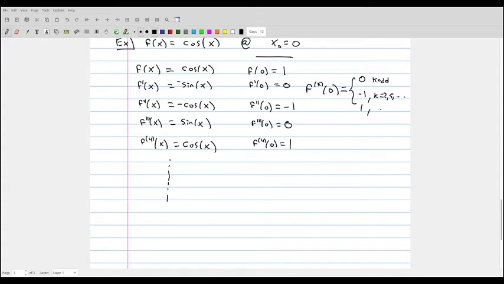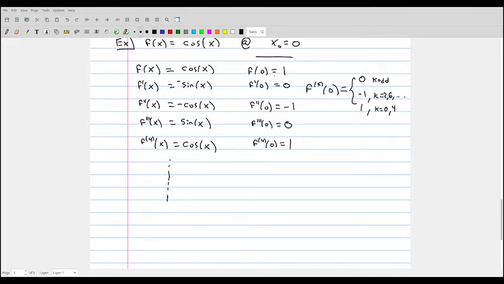And it's positive 1 if k is equal to 0, if k is equal to 4, and so on and so forth. Oops, this should be 6 right here, not 5.